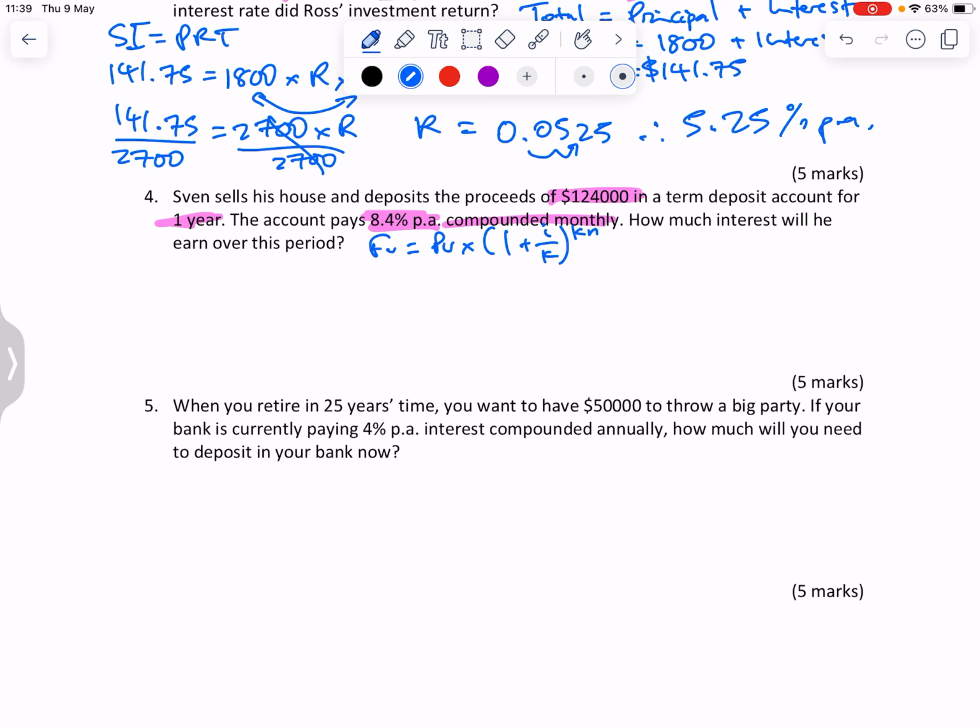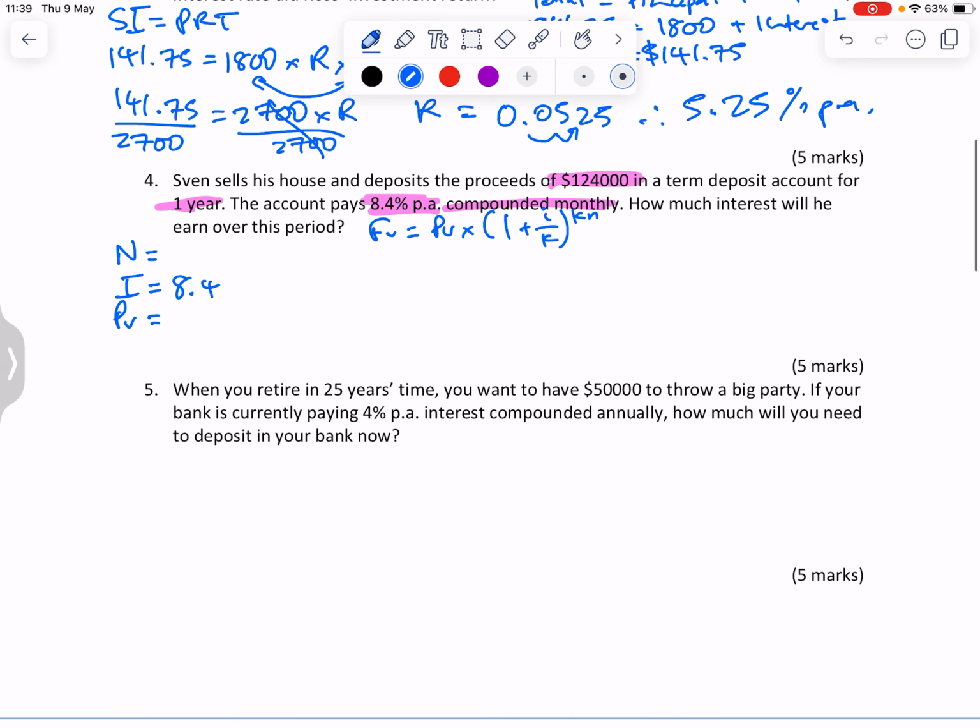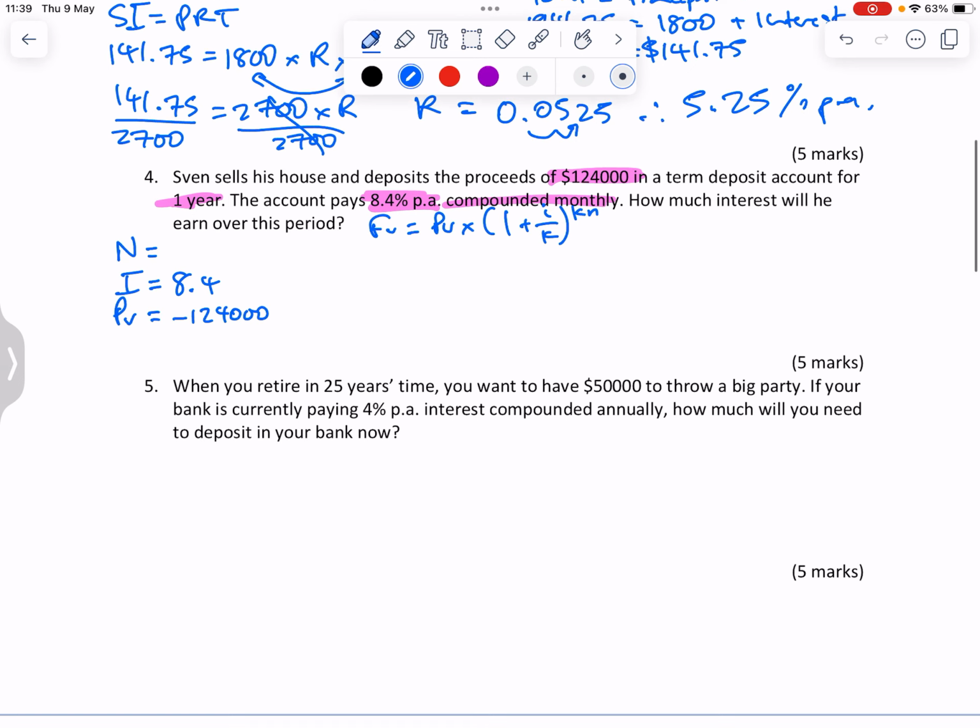So in this situation, the interest rate is 8.4. PV: he deposited $124,000, so in TVM Solver you're going to put negative 124,000. He didn't make any extra payments regularly, so payment PMT is 0. FV is what I'm solving for because I want to know what it grew to.